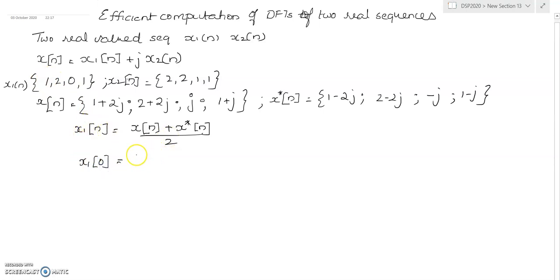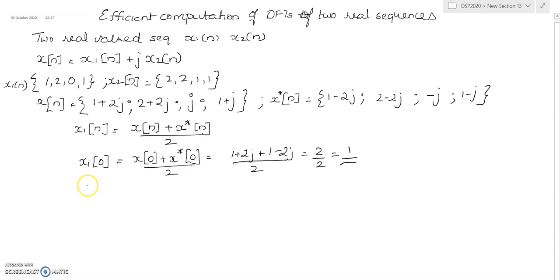So if you want to determine that, this will be equal to x of 0 plus x conjugate of 0 by 2, which implies x of 0 is 1 plus 2j, and x star of 0 is 1 minus 2j. When we combine it, it becomes 2 by 2, equal to 1. So x1 of 0 is equal to 1. We have determined it. Similarly, you can find x1 of 1, x1 of 2, and x1 of 3.